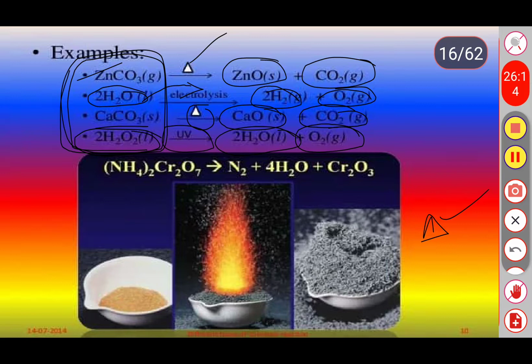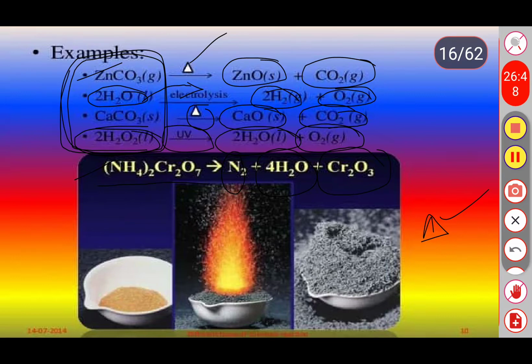We have one more example here, (NH4)2Cr2O7, that is, chromium 2 oxygen 7. When it breaks down, it forms N2, 4 times H2O and chromium oxide. So these are the substances obtained by the breakdown of the given compound.